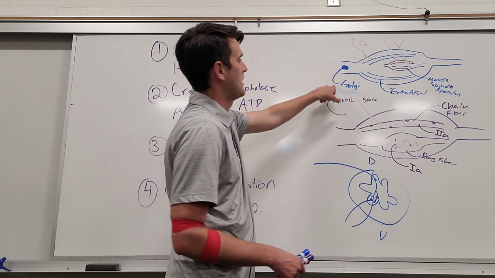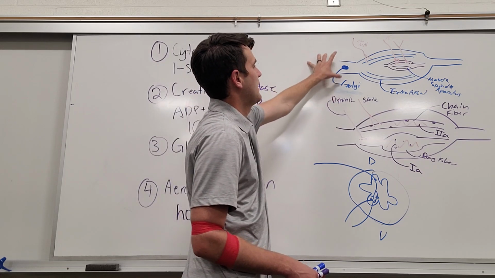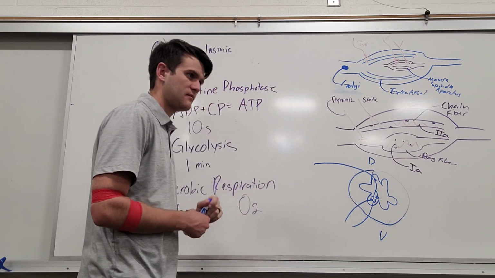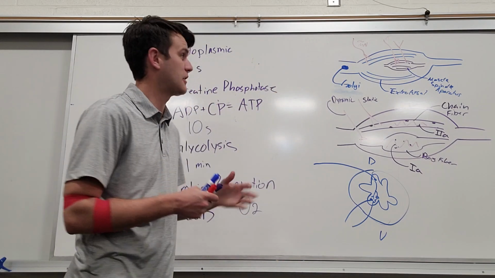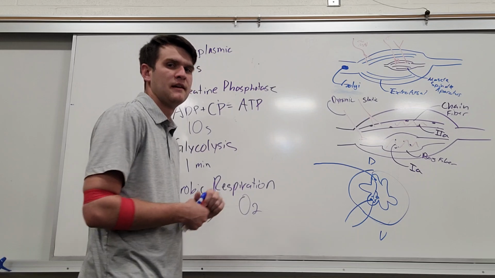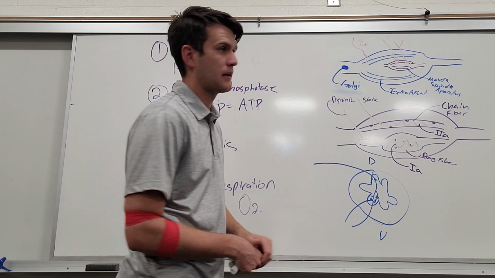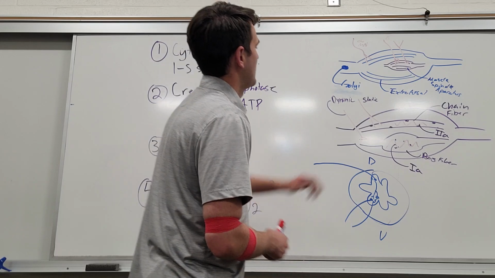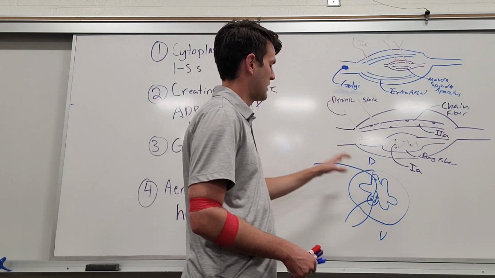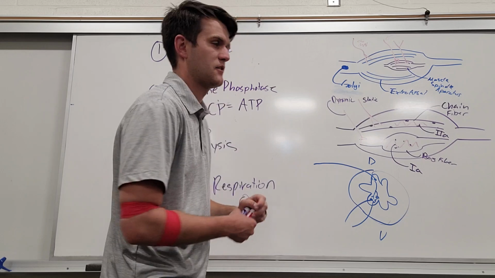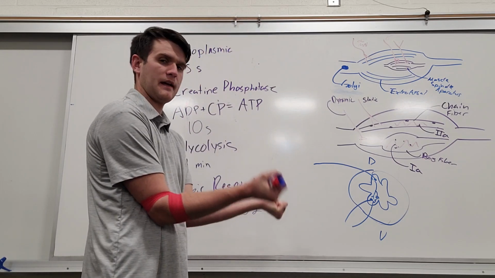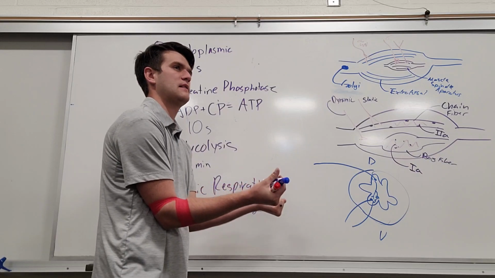The Golgi organ is in this tendon on our muscle, and it just measures how much that tendon is being stretched so it doesn't rupture and break, because that would be very, very bad, okay? So say we're lifting really heavy weights.